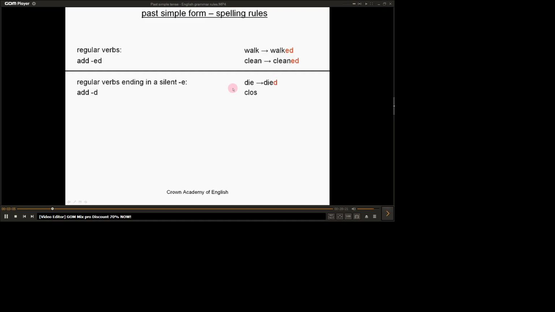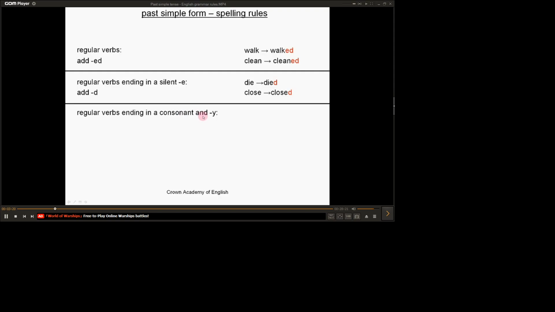And for regular verbs ending in a consonant and then the letter Y, we change the Y to I and then add ed. Hurry, hurried. Carry, carried. So we can see here, we remove the letter Y and change it to an I, and then we add ed.